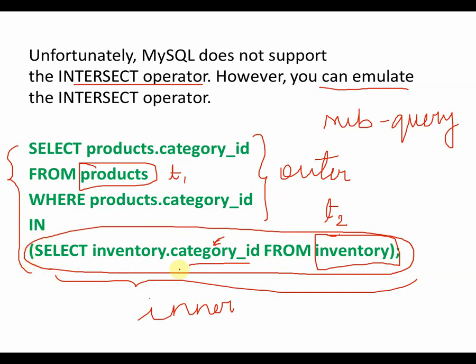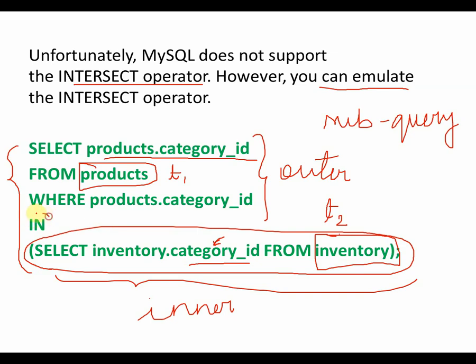You will select all the category IDs from the inventory table, and then you will check for all the category IDs from the products table which match the inventory category IDs.